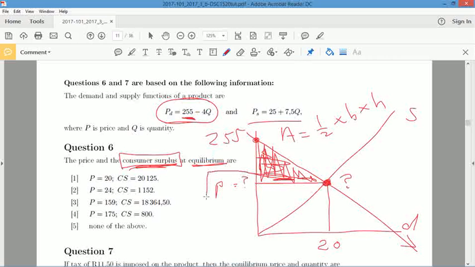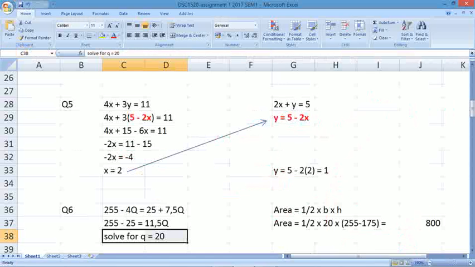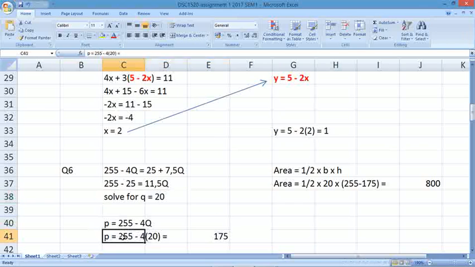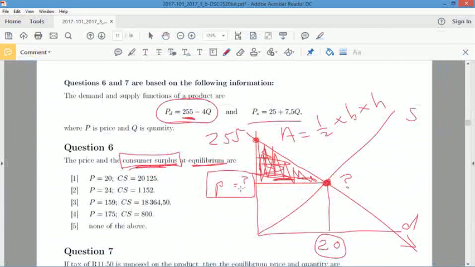Then I'm focusing on the price. I've already got the quantity, so I can substitute 20 into the equation to get the p. If I do that, p equals 175. Now if I plot that onto my diagram, 175 is this point over there.